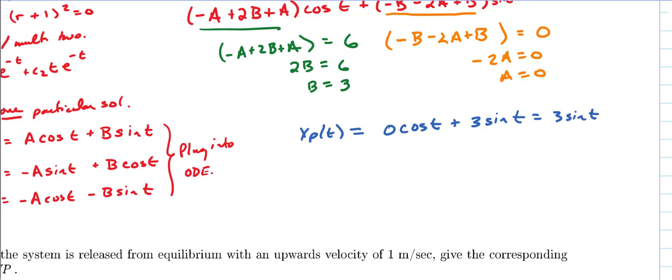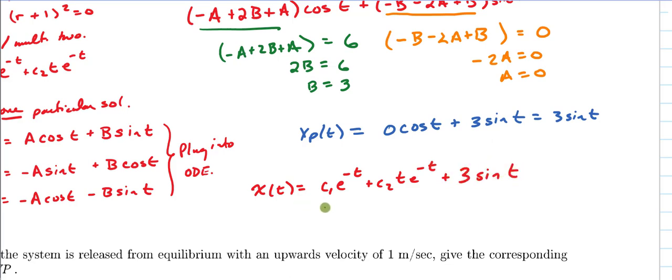So now I'm ready to give my general solution to this ODE. My general solution to the ODE is x of t equals c1 e to the minus t plus c2 t e to the minus t plus 3 sine t.